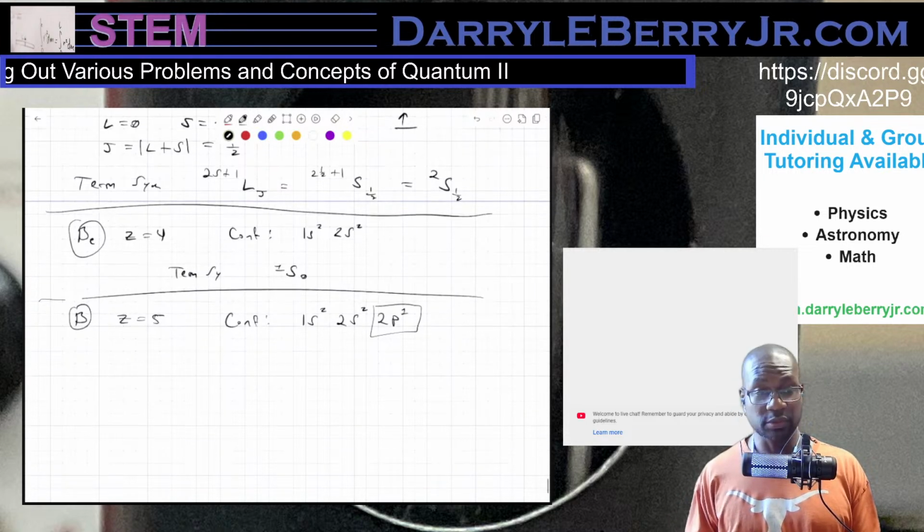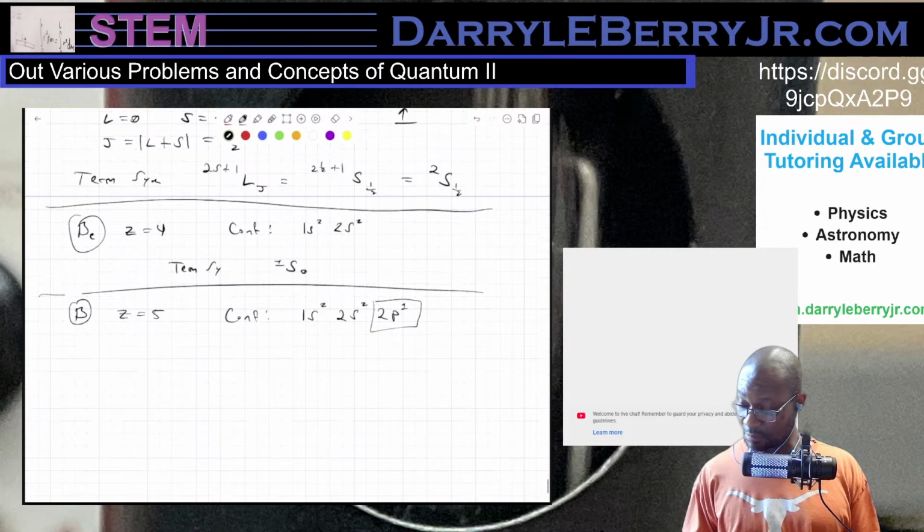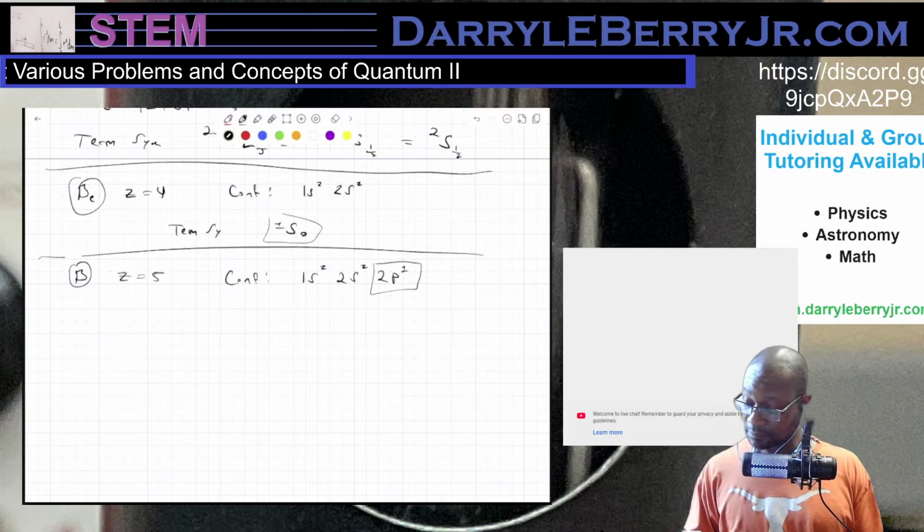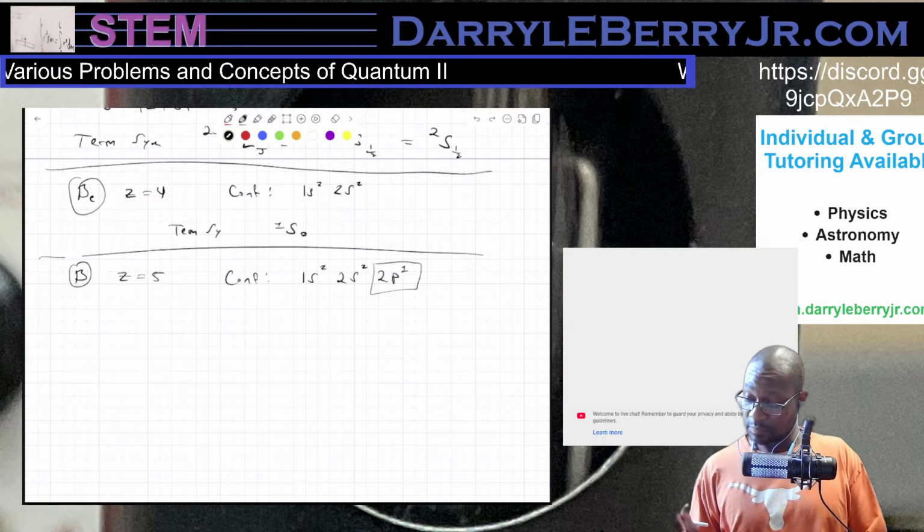And again, we take just the one that has an unpaired electron. Everything else, if it's all paired, it's going to be 1S0 for the term symbol.